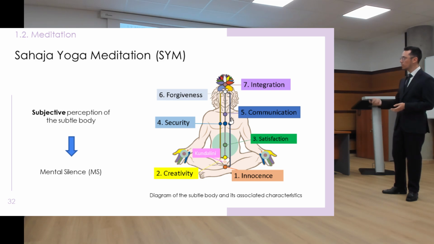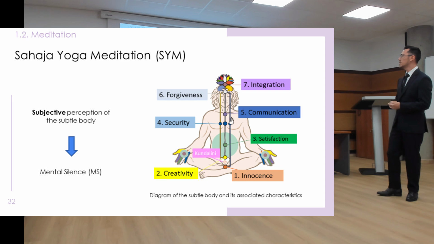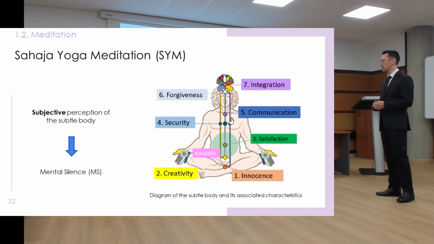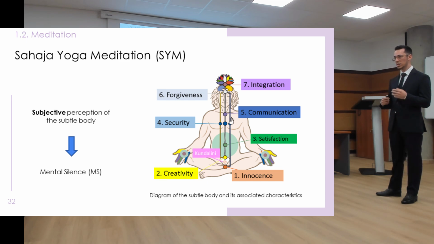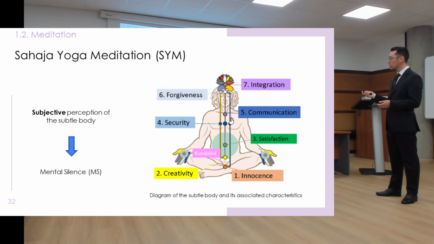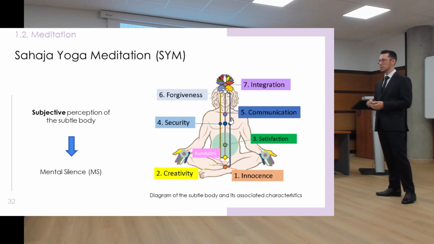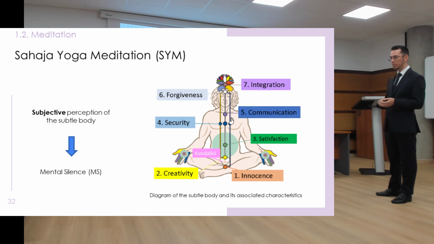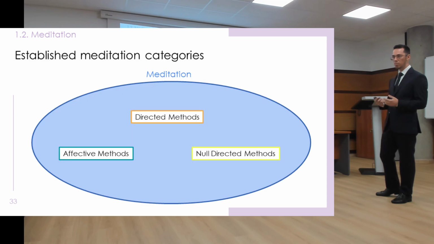In particular, we are studying Sahaja Yoga meditation, where practitioners subjectively perceive the state of an inner subtle body, and throughout this subjective perception, they reach a state of mental silence, which is a deep meditative state where they have very few or no thoughts at all, while maintaining complete awareness.